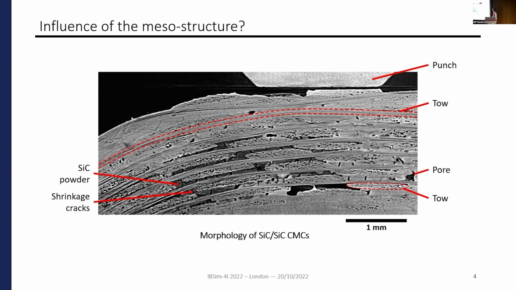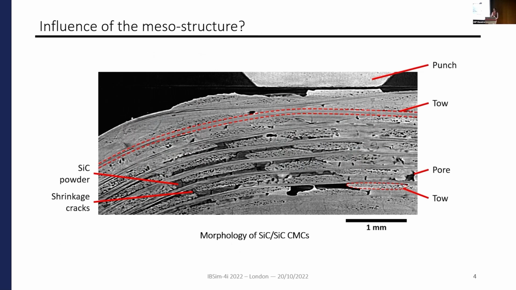And in terms of structure, here you can see a slice of tomography that has been taken at a synchrotron. I think the resolution is something like 3 microns per pixel. And in this image, you can see the complex mesostructure of the material. So the complex arrangement of the tows.